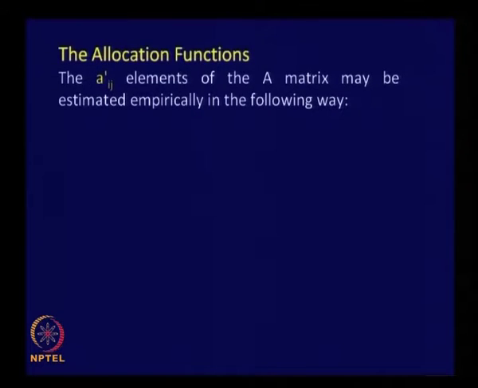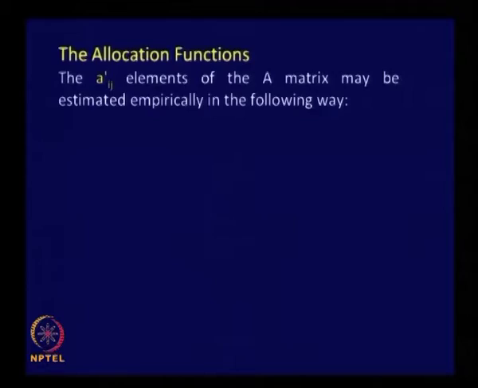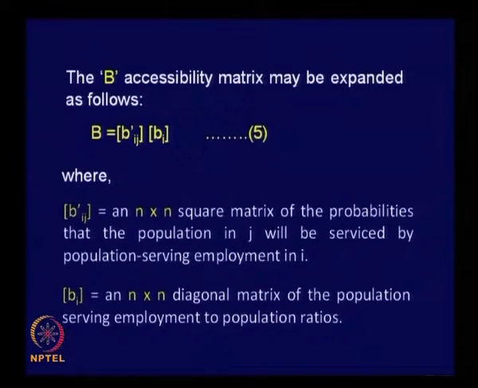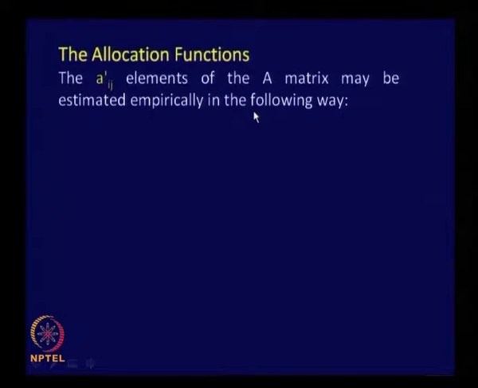We need to further understand how we really get the value of A dash ij as well as B dash ij, because we have simply defined A dash ij as something related to accessibility. Should I go back and show you what we have done? So how do we define it? It is an n by n square matrix of the probabilities of people living in one zone and working in another zone, and that is going to be related to the accessibility aspects.